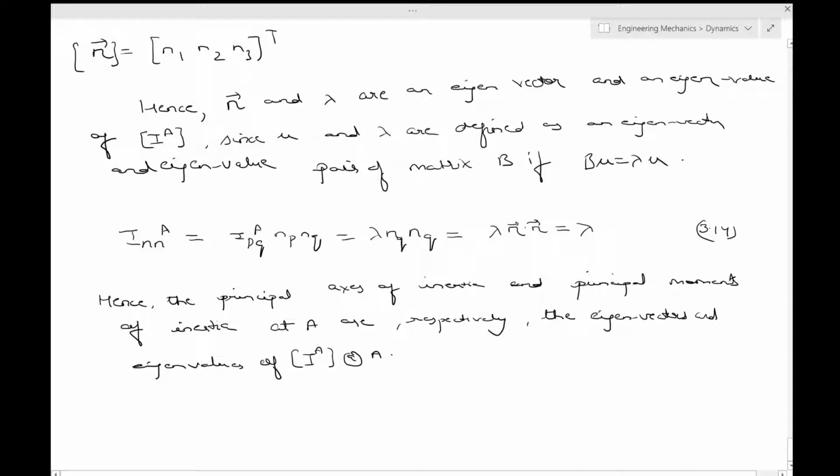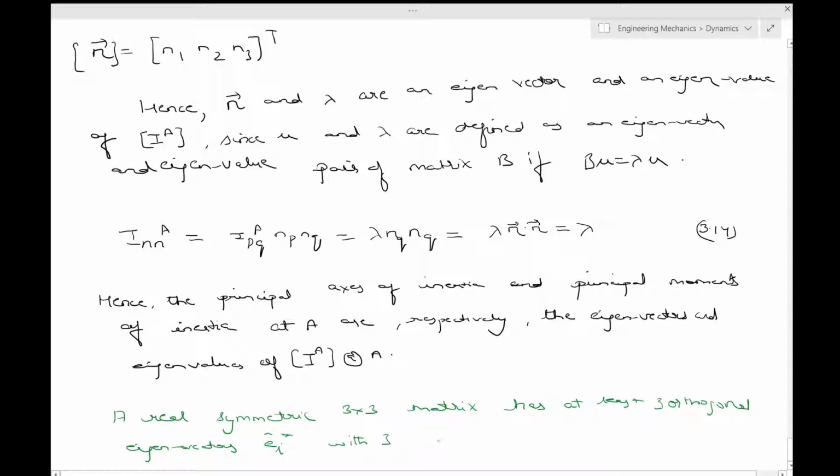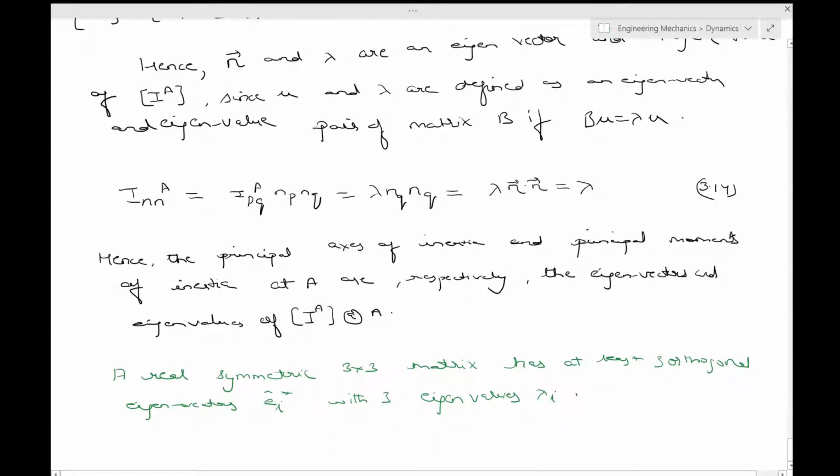So this is something which again comes from linear algebra, that a real symmetric 3 into 3 matrix has at least 3 orthogonal eigenvectors EI star with 3 eigenvalues lambda I. I mean, if it's a real symmetric 2 by 2 matrix, then it would be 2 eigenvalues, lambda 1 and lambda 2.